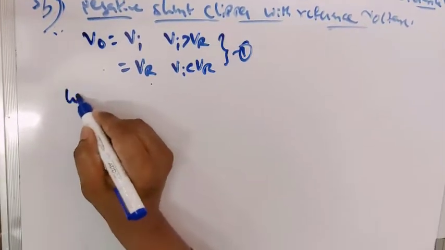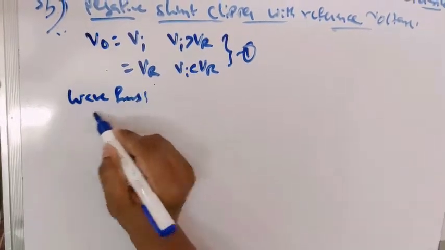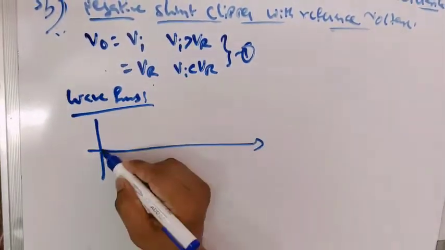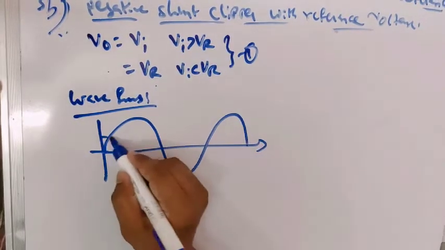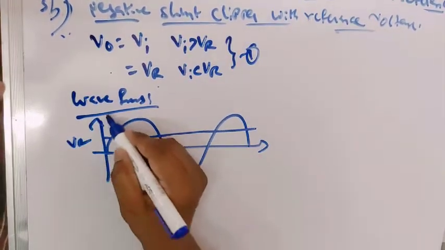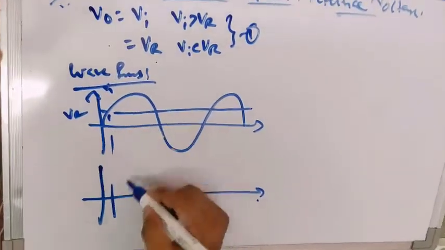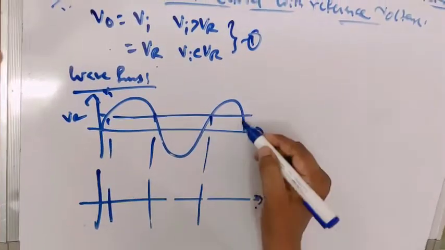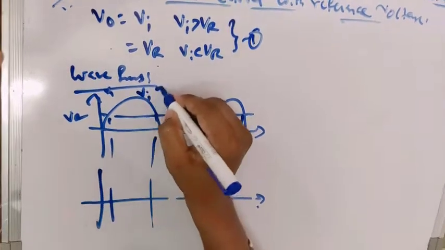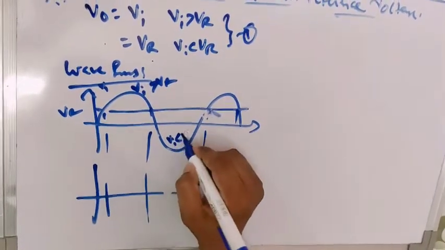So let us see the input and output waveforms. This is an input waveform, a sinusoidal waveform. This is the reference voltage VR here. Now when compared with the reference voltage, this is Vi greater than VR and this is Vi less than VR.